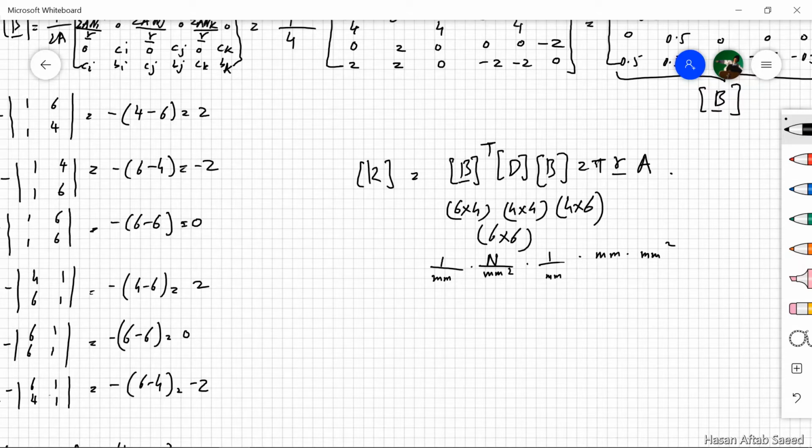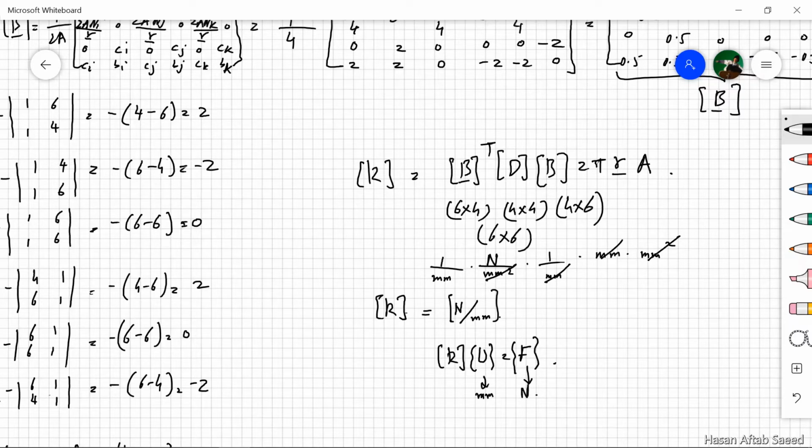So this millimeter square gets cancelled with this, and this millimeter gets cancelled with this. So for K, you are left with Newton per millimeter, which is exactly the unit that you should have got. Because ultimately K U is equal to F, and this is in millimeters and this is in newtons. So this is the only way this is going to work.